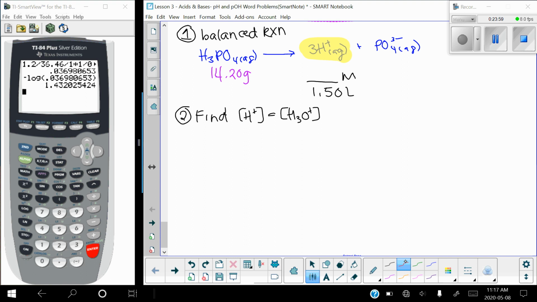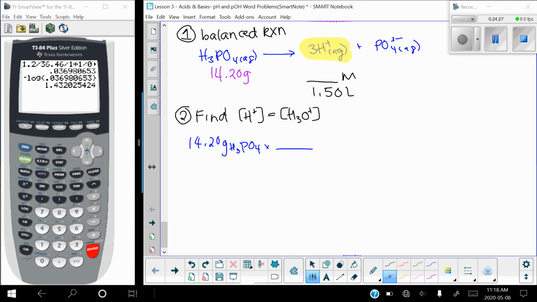Okay, so let's go ahead and start our statement. 14.20 grams of phosphoric acid. We need to convert this into moles before we can use our molar ratio. And the way that we do that is by using our molar mass.